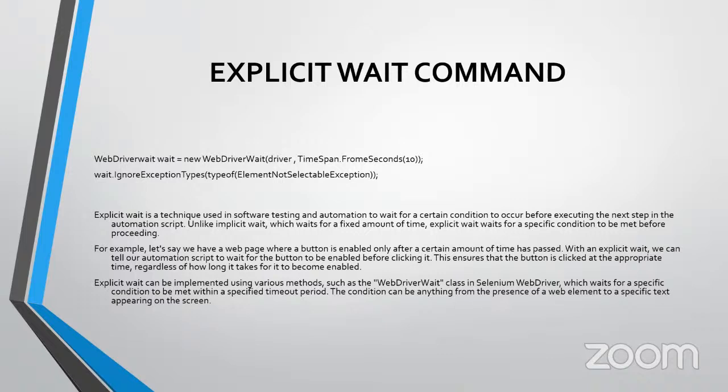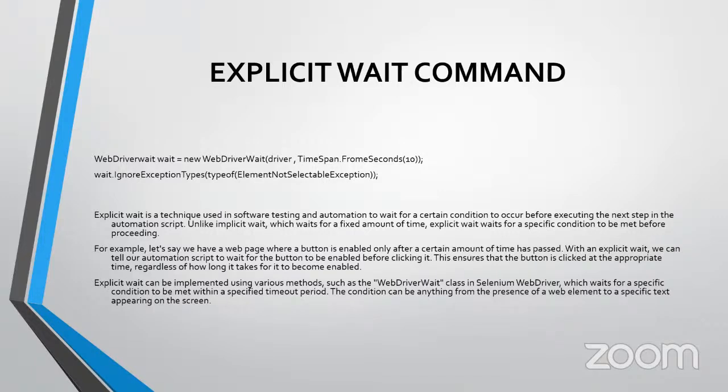So what is the explicit wait command? It is a technique used in software testing and automation to wait for a certain condition to occur before executing the next step in the automation script. Unlike implicit wait, which waits for a fixed amount of time, explicit wait waits for a specific condition to be met before proceeding.